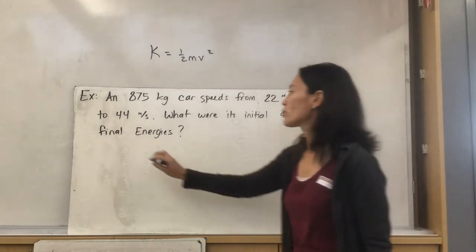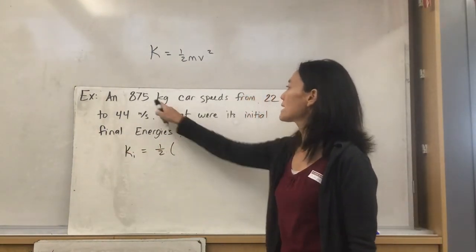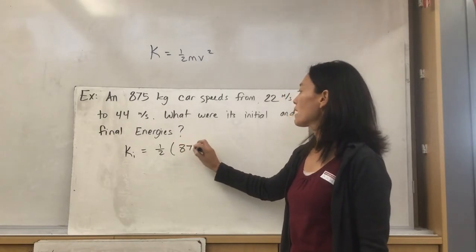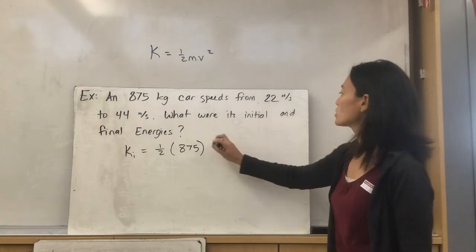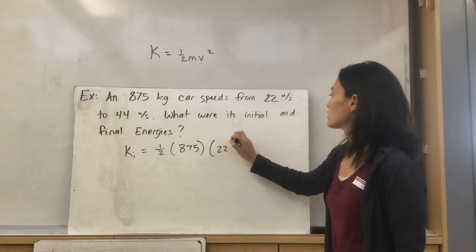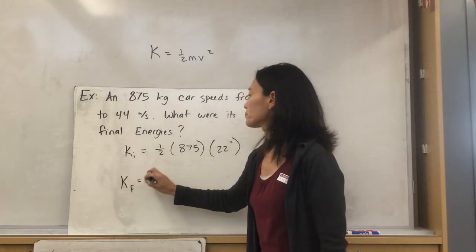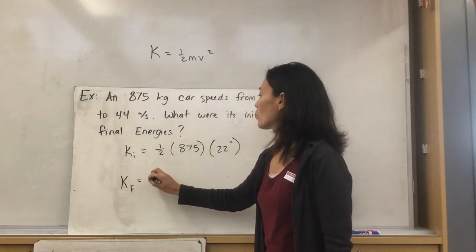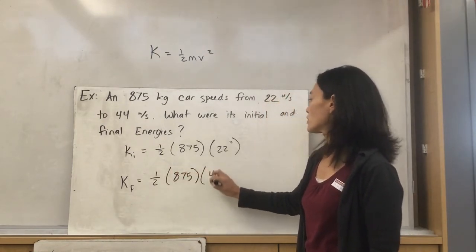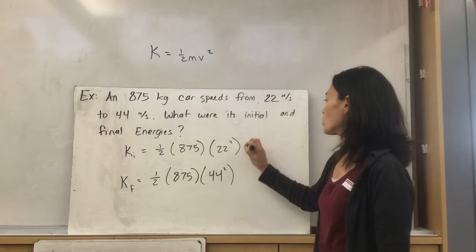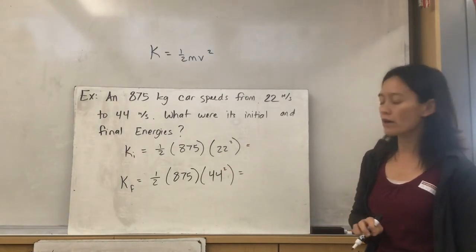So pretty straightforward. Initial kinetic energy is just going to be 1/2 times the mass of 875 times the velocity, 22 squared. And then the final kinetic energy would be 1/2, same mass, times 44 squared. So I would encourage you, pause the video, actually calculate these out to see what these values are.